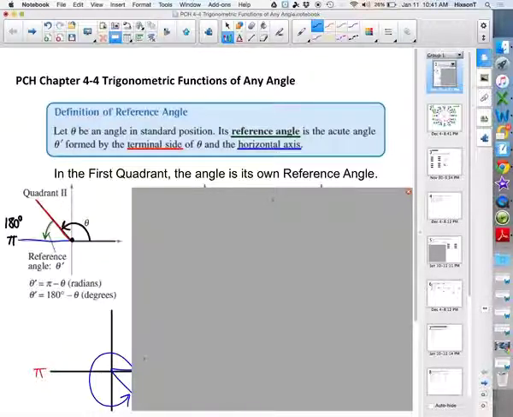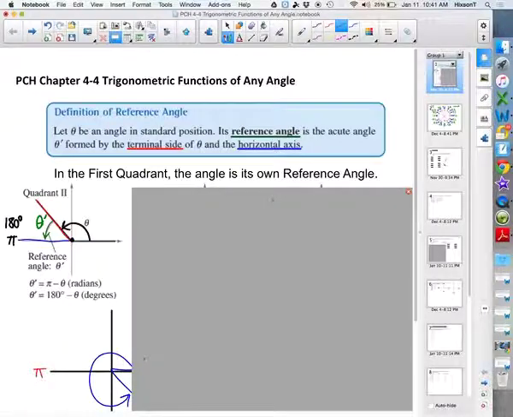So you're really looking for what would the angle be that I would need to get the full 180 degrees, or the full pi? So we're subtracting the original angle from pi. Okay? So that's in the second quadrant.